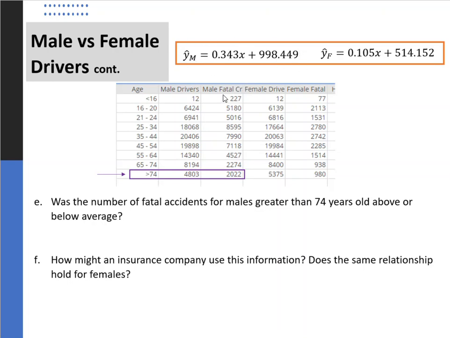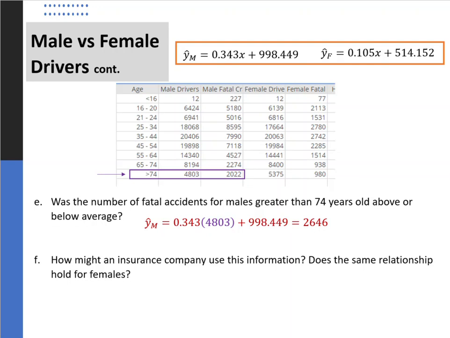Remember, we need to predict how many fatalities there are going to be for 4,800 male drivers. You can see from the equation here, we have 4,800 male drivers for the over 74 age band. We're going to predict approximately 2,600 male fatalities.